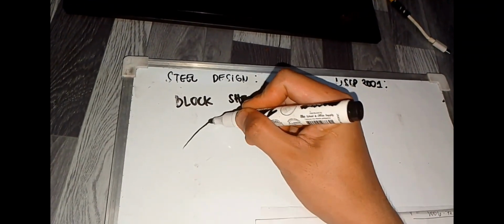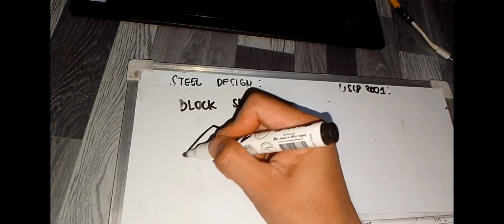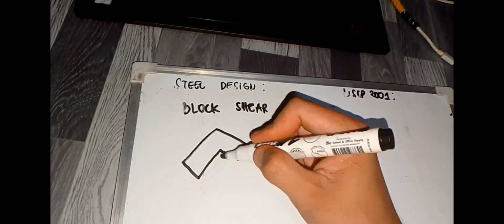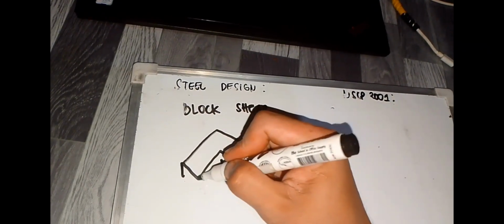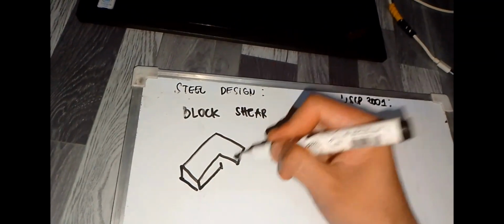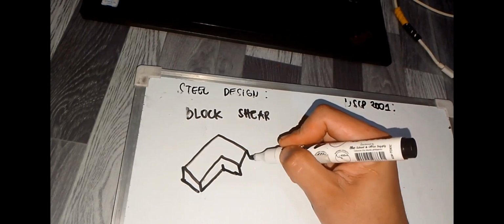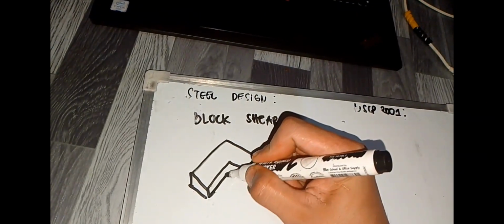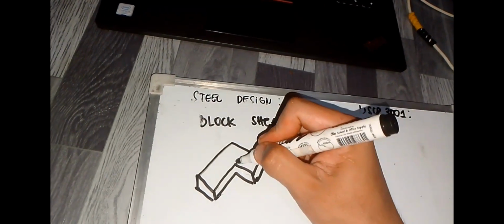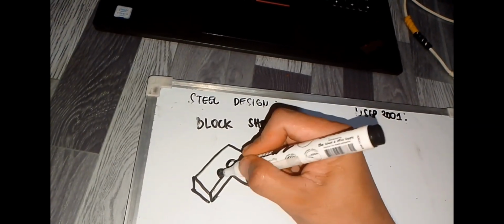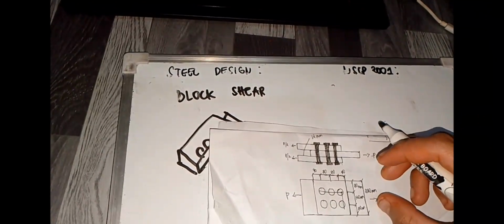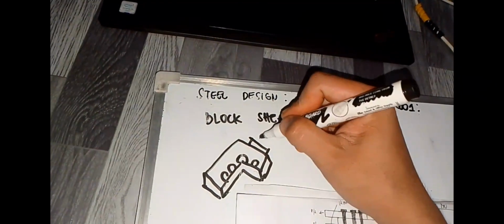So these are the bolts. The distance from here to here is 120 plus 80, which is 200 mm.